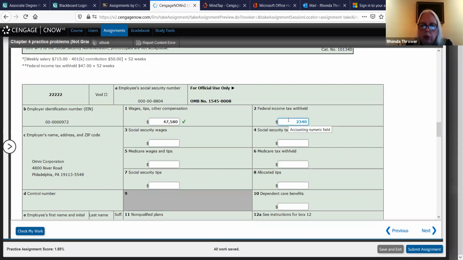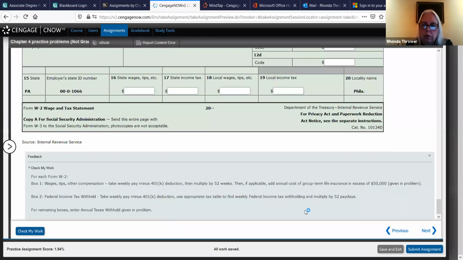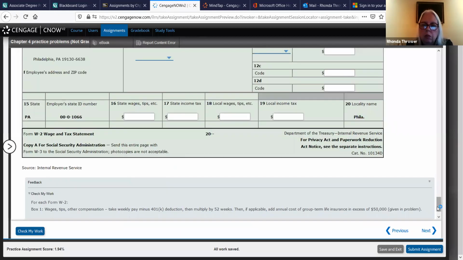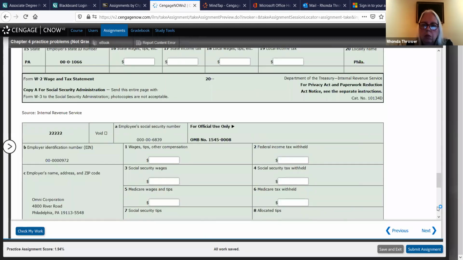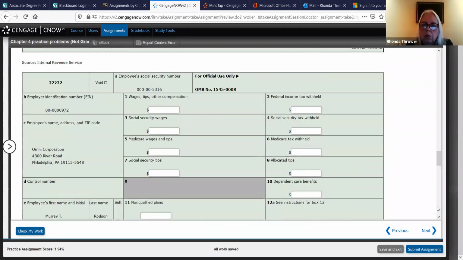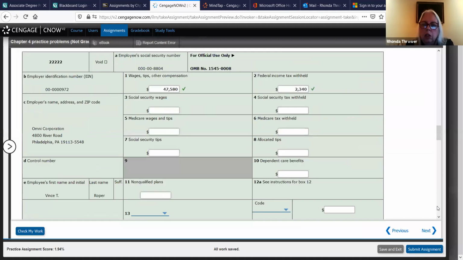That's going to be your federal income tax withheld. Check your work. And it is correct. Then we'll move to box 3, which is Social Security wages.